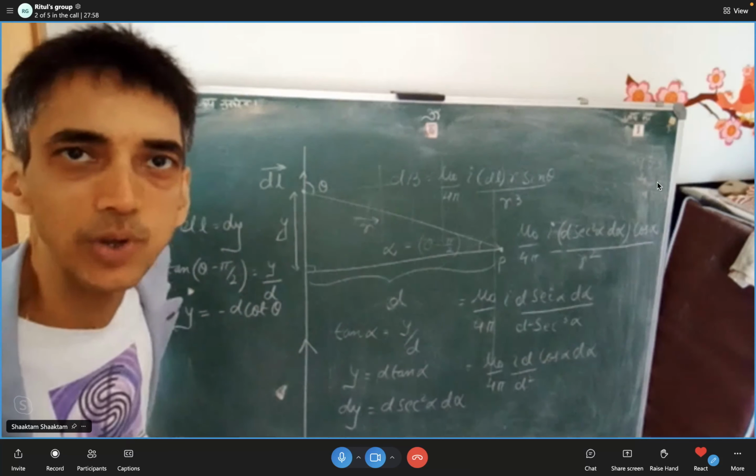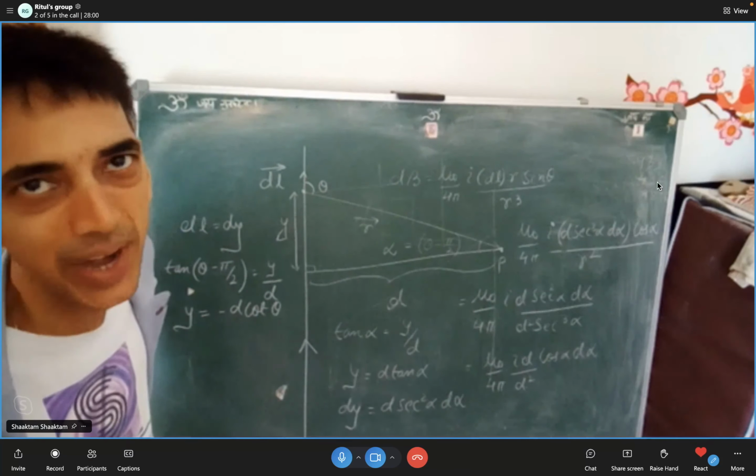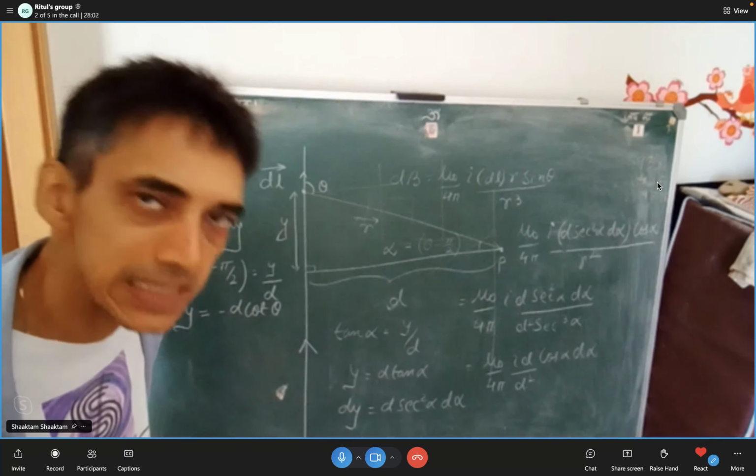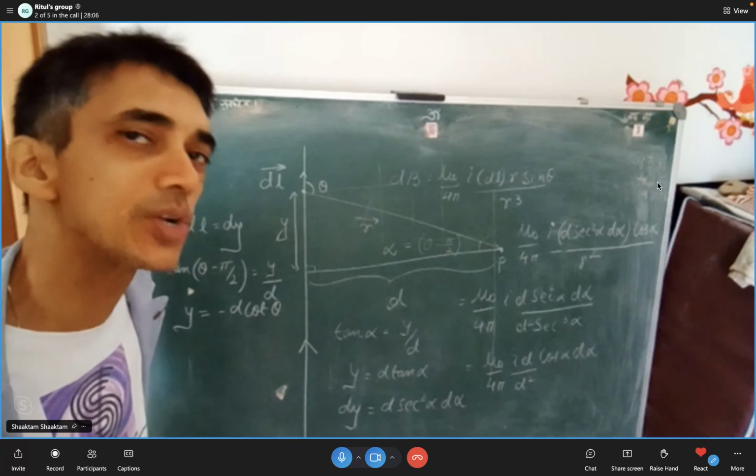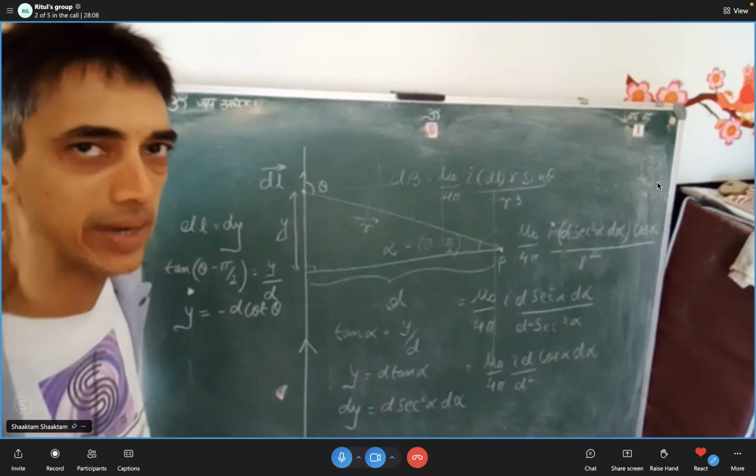So much for the straight current carrying conductor. Let's move to a conductor which is circular in shape. Write down.